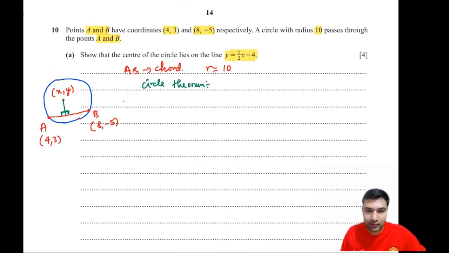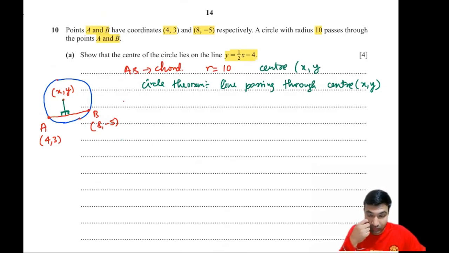Getting it? So using the circle theorem, I could say the line passing through O, through the center, that's x comma y, which we had assumed, right? And let's say right here the center is x comma y for this particular circle. So the line passing through the center bisects the chord.